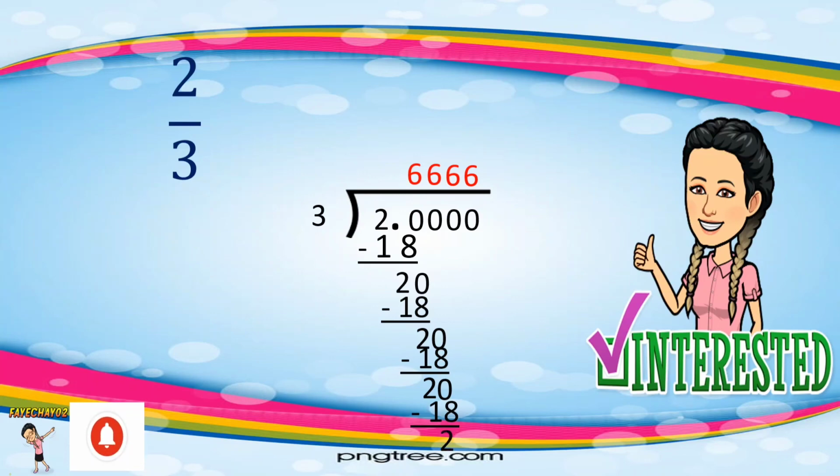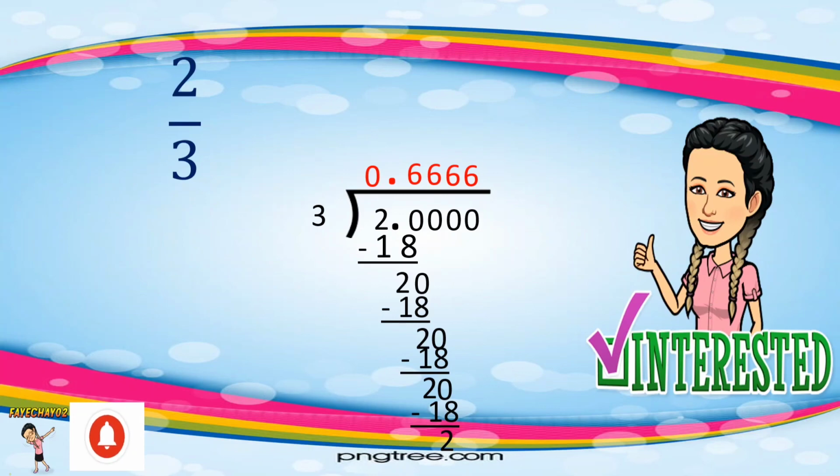Since we still have 2, as you can see, the number repeats itself. Meaning to say, this number is a repeating decimal. So put the decimal point to the left of the number 6, and then add 0 in the ones place.